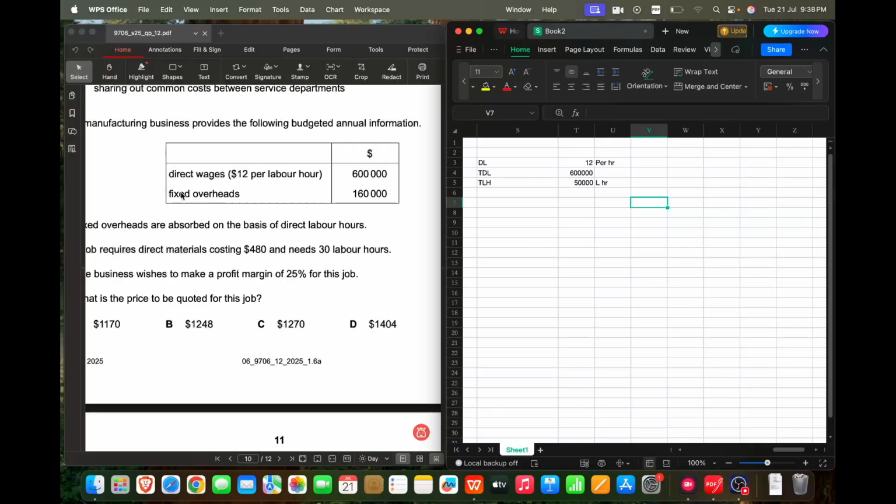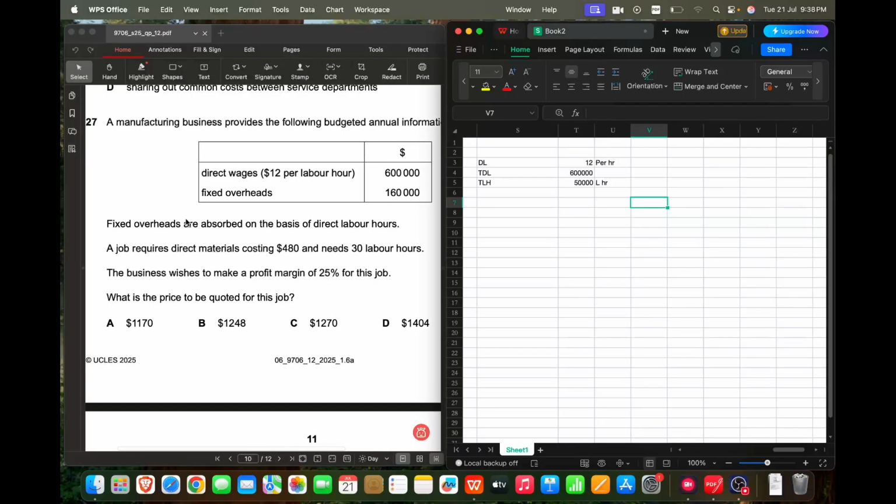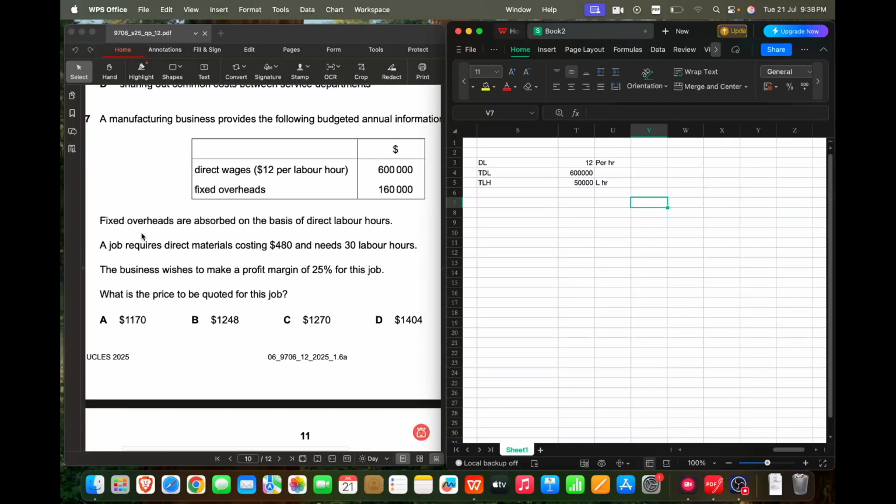Now total overhead we paid is 160,000, and I'm doing this because the next part of the information says fixed overheads are absorbed on the basis of direct labor hour. So the overhead absorption rate of this overhead is based on the direct labor hour. That's why I'm calculating direct labor hours so that we can calculate OAR.